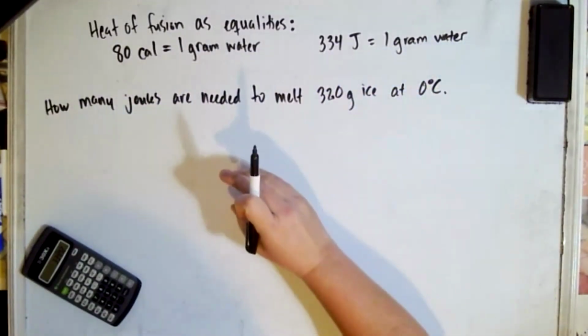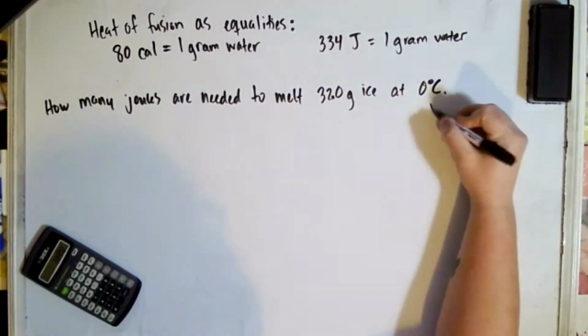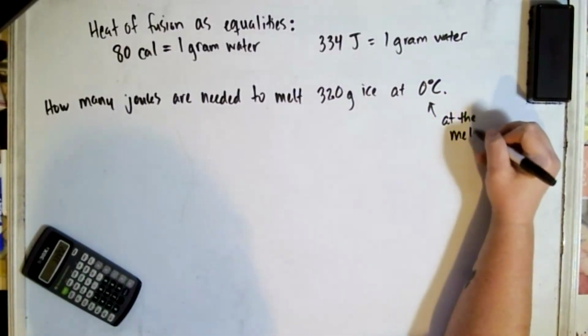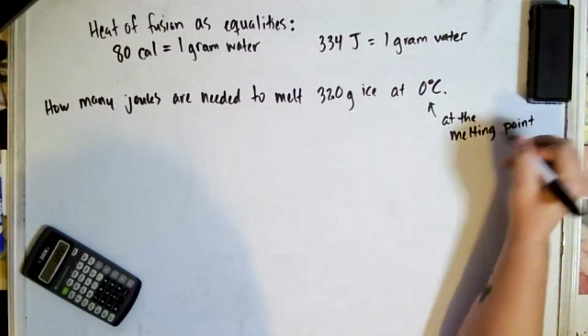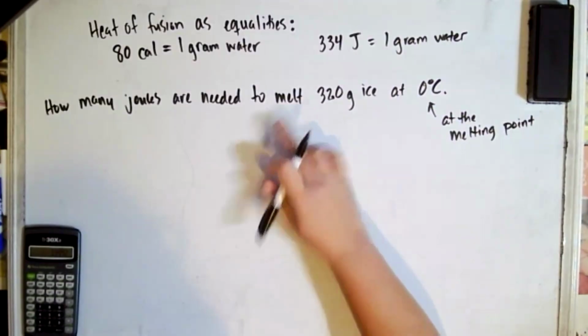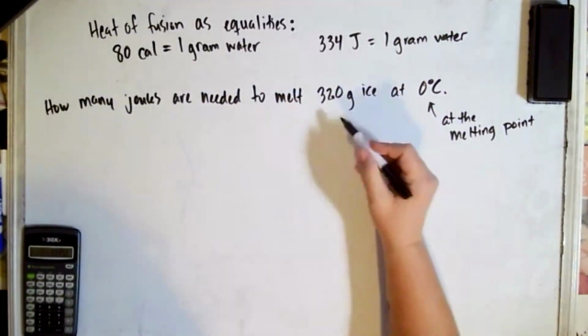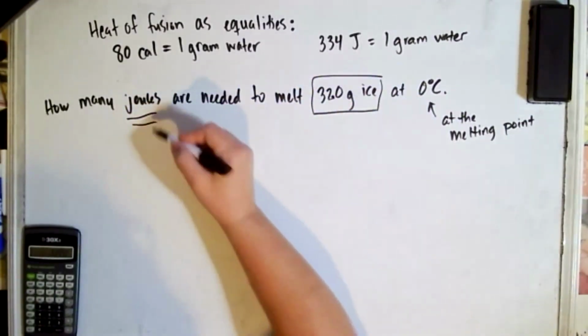So we know that we have the ice. The ice is at 0 degrees Celsius, so it's at the melting point. Because the melting point and the freezing point of substances is the same temperature. But in this case, we know we're trying to melt. So we're going to be adding heat. So I've got 32 grams of ice and I'm trying to find joules.